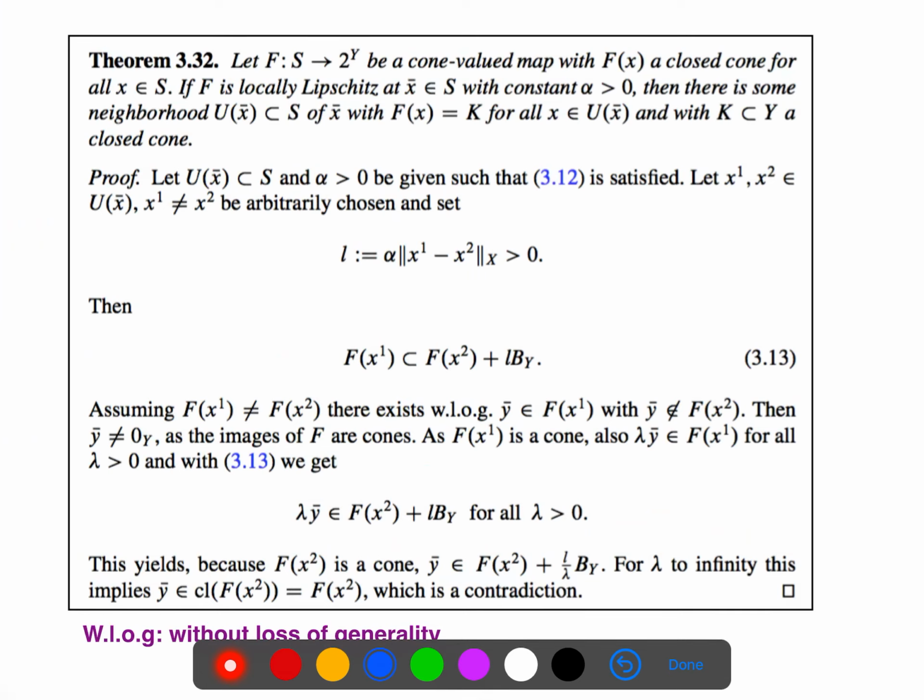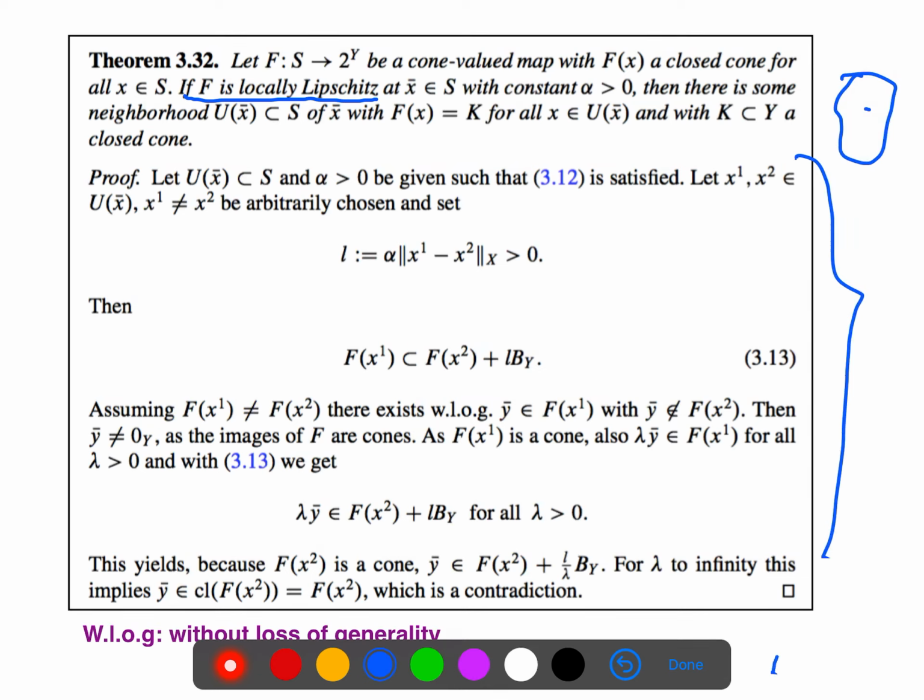The important thing is that if F is locally Lipschitz, then you can see with a simple proof that there is a neighborhood in which F of x is constant. It is a very useful property to connect different cones to make a unified cone.